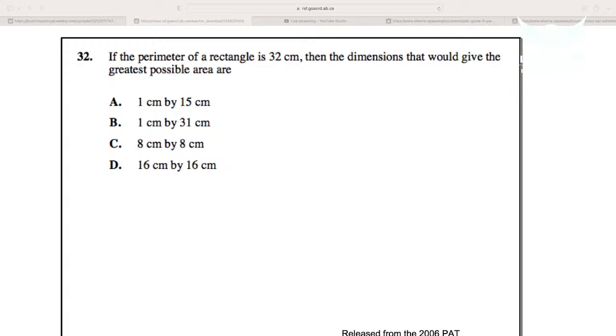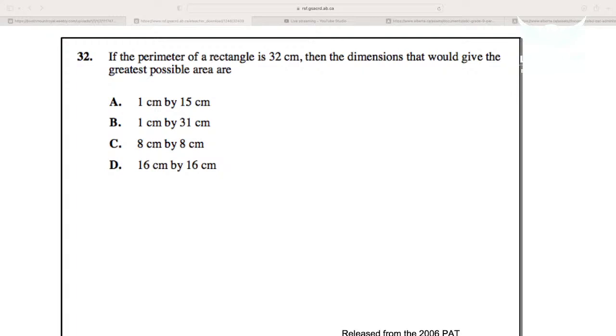The perimeter is the sum of all sides, so 16 plus 16 plus 16 plus 16 gives us 64. So answer D is not correct, so be careful. We need to keep in mind that the perimeter is 32. 8 by 8 is area 64, and the perimeter is 32, because it's a square, so 8 times 4 is 32.